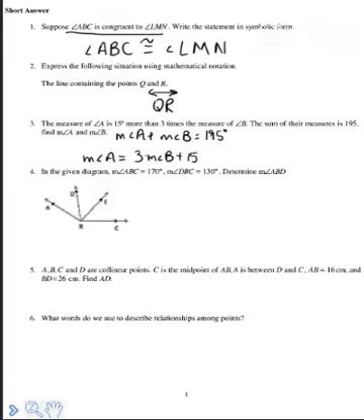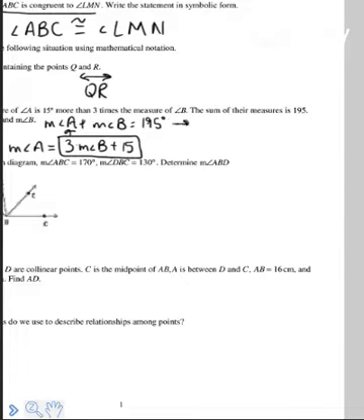So using substitution, we can take this quantity and substitute it in for the measure of angle A. So instead of the measure of angle A plus the measure of angle B equal to 195, we can turn this into 3 times the measure of angle B plus 15 plus the measure of angle B equals 195.